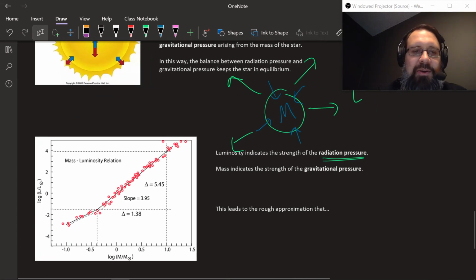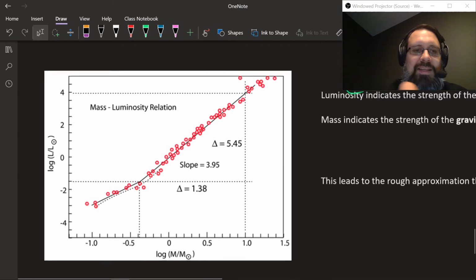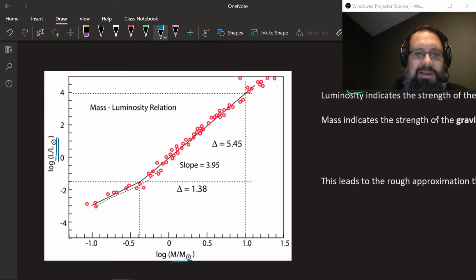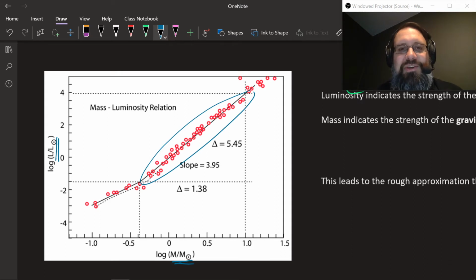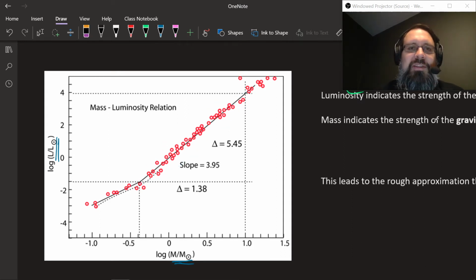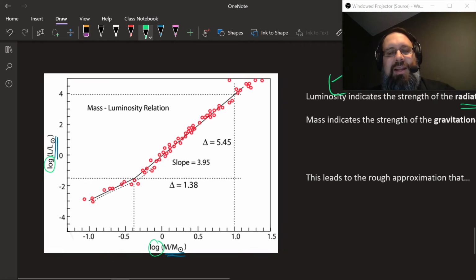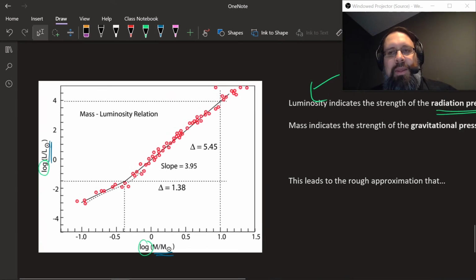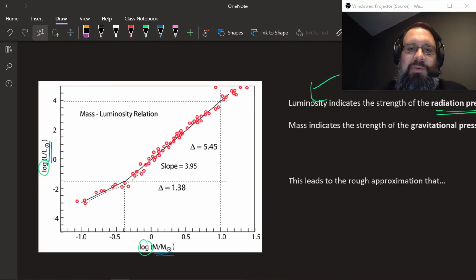So if we make a graph of luminosity versus mass, we end up finding that there's a really strong relationship between luminosity and mass. And you might be wondering, what the heck is this log stuff? Well, the logs are just there because it's not a linear relationship. It's an exponential relationship.